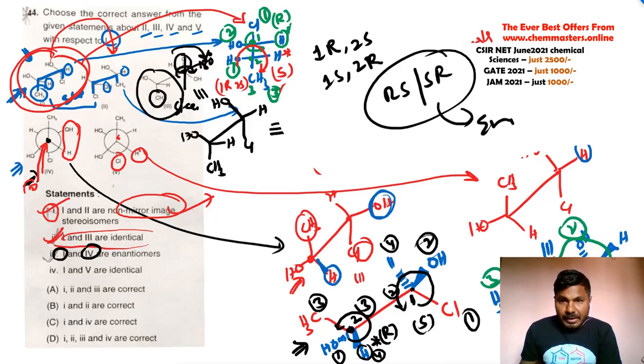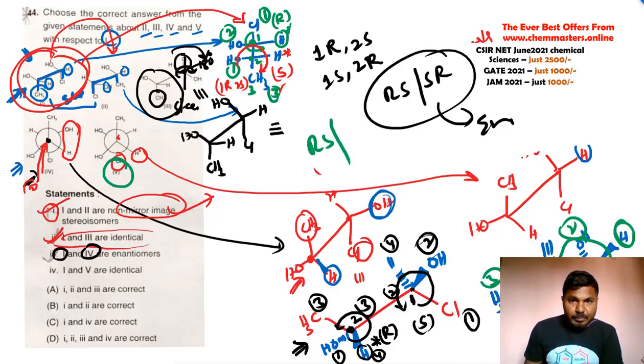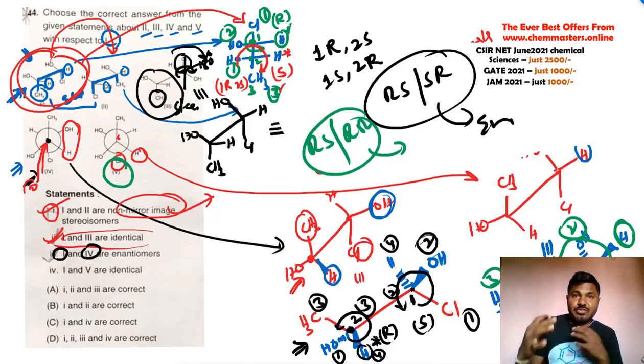It is anti-clockwise with the least priority hydrogen above the plane, or what we say on the thick line. So it is R. You can see the first one is RS, and the fifth Newman projection has an R relationship. That's why 1 and 5 are diastereomers. They are in a diastereomeric relationship but not identical.